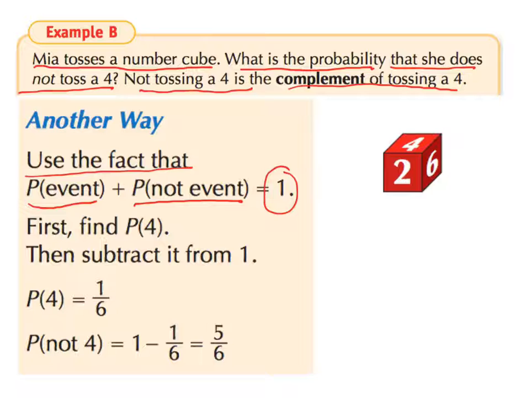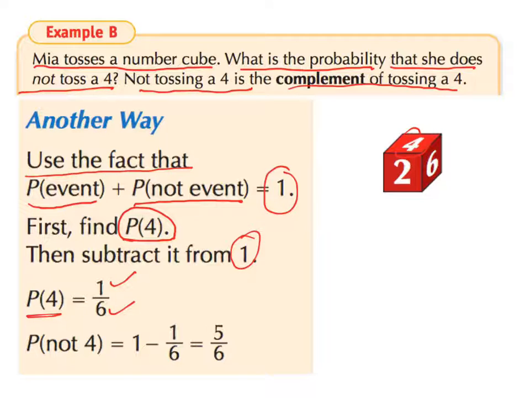Remember this. How many 4s are there on the cube? Only one 4, so the favorable outcome is 1, and the total number of outcomes is 6. So the probability of the cube landing on 4 is 1 over 6.